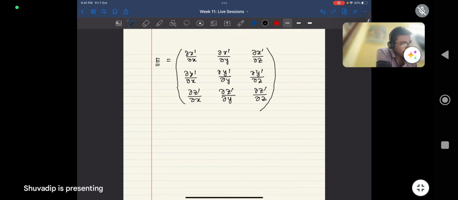Now we need a relation between x prime, y prime, z prime and x, y, z to write down the terms of this matrix. Suppose the deformation is uniform and each point has changed to r prime, so x, y and z have gone to x prime, y prime, z prime.